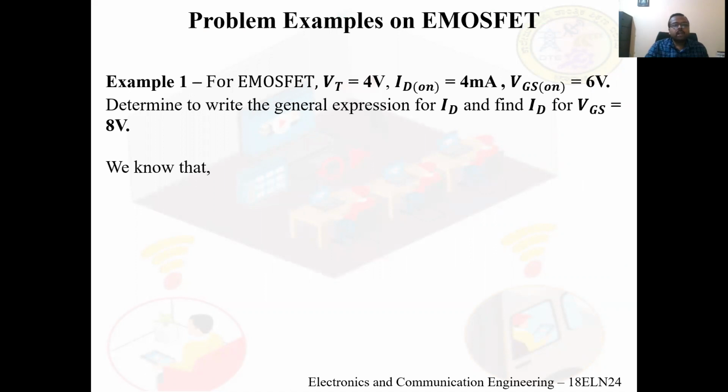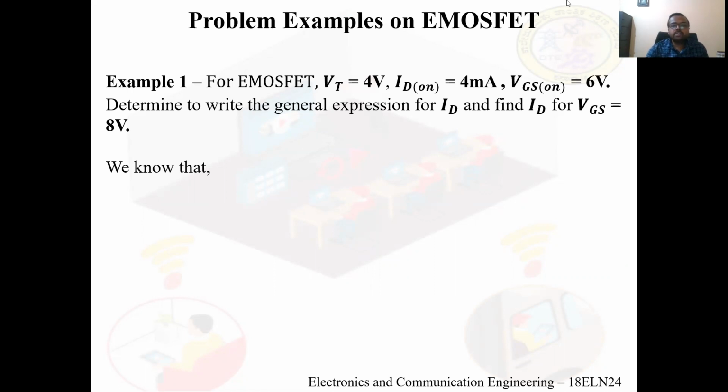Example 1, for enhancement MOSFET, threshold voltage VT is equal to 4 volts, ID(on) is equal to 4 milliamperes, VGS(on) is equal to 6 volts. Write the general expression for ID and find ID for VGS is equal to 8 volts.